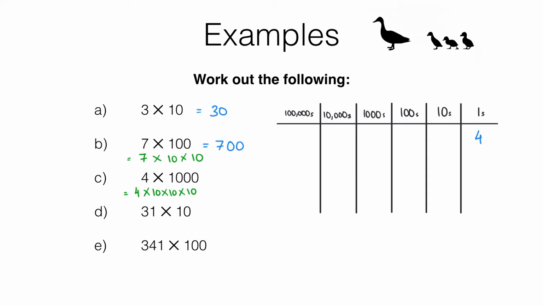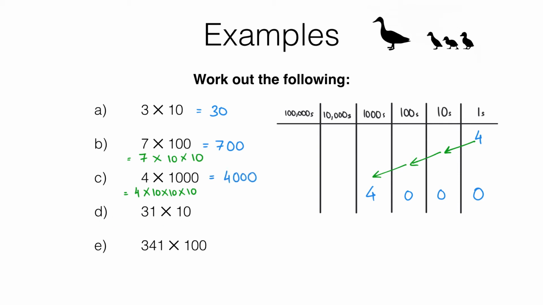To multiply it by 1000, it's the same as multiplying it by 10, multiplying it by 10 again, and multiplying it by 10 again. So we end up with 4 thousands. And that gives us our answer. It's 4,000. Don't forget the placeholder zeros that we need. So 4 multiplied by 1000 is 4,000.